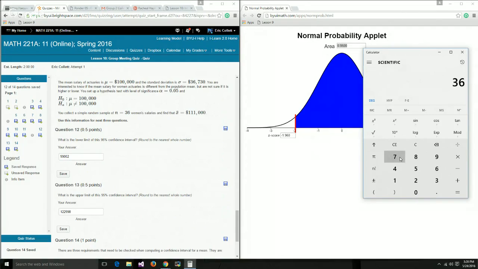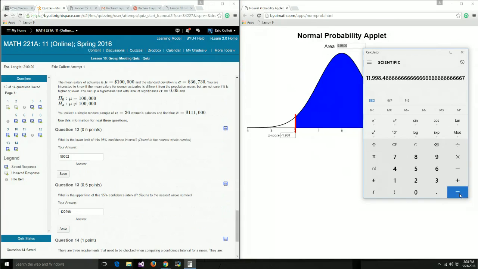So the margin of error I got was 6,121. Okay, so for the margin of error, first we define the standard deviation, so we do 36,730 divided by the square root of n, and the square root of 36 is 6. Then you also have to multiply that number by the z-score, 1.96 for the 95% confidence interval here.